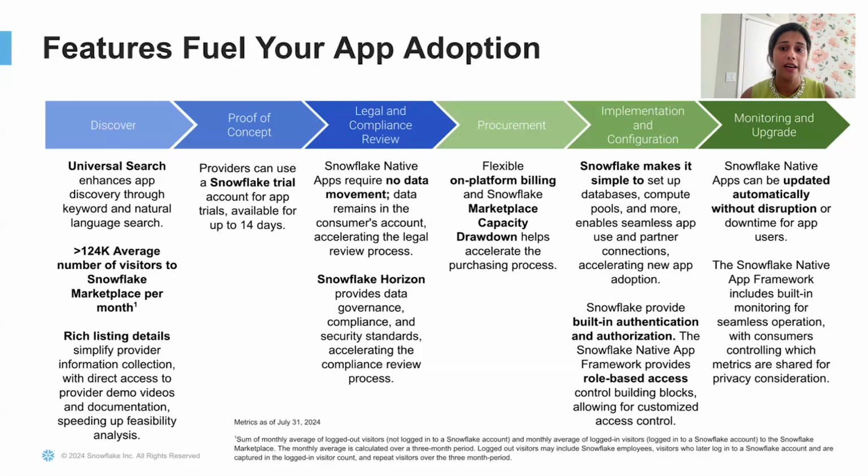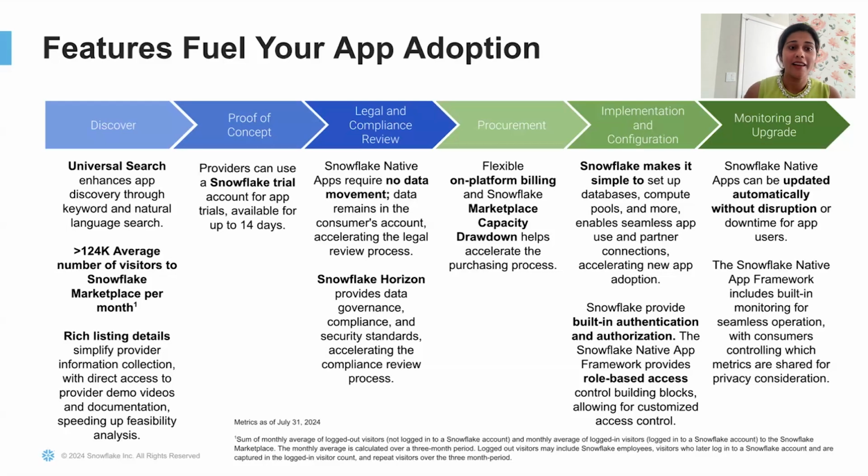Then consumers also have Snowflake trial accounts where they can go and play with these applications. Because there is no data movement and with a slew of features around Snowflake Horizon, the whole legal and compliance review process becomes very seamless. And that also leads to ease of the procurement process.